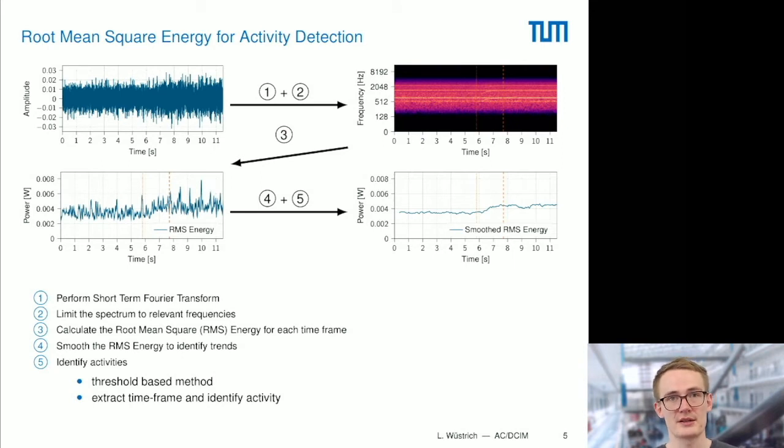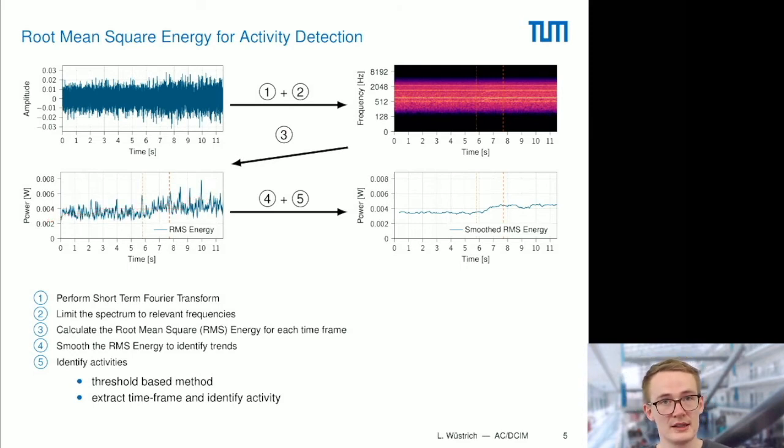To calculate the root mean square energy, we sum up all energies of all remaining frequencies, each squared, into a single value and calculate the square root of it. We calculate the RMS energy for every time frame in the recording, which leads to the figure in the bottom left that shows the activity over time.